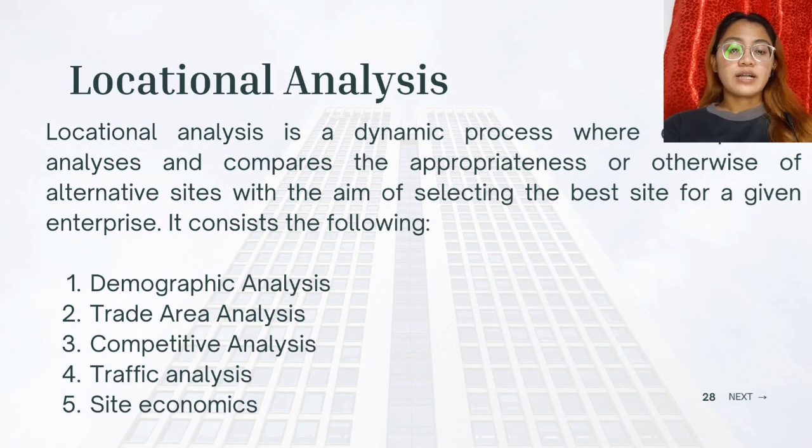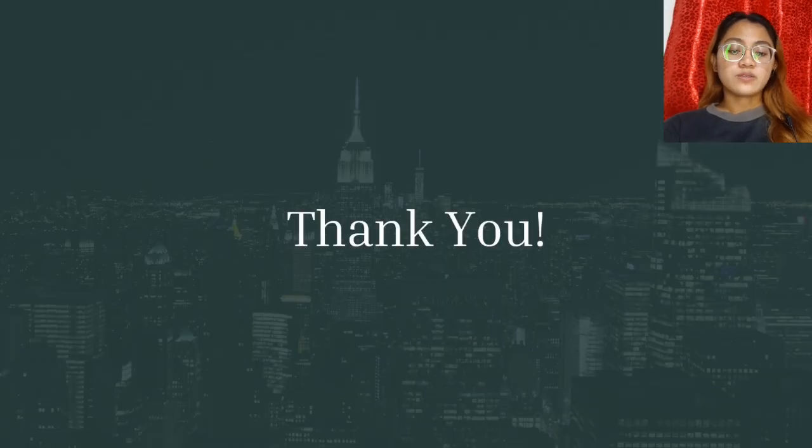The traffic analysis aims at judging the alternative sites in terms of pedestrian and vehicular traffic passing a site. Lastly, the site economics. Alternative sites are evaluated in terms of establishment and operational cost.